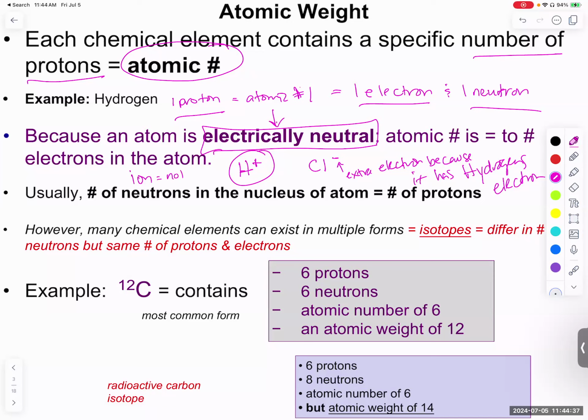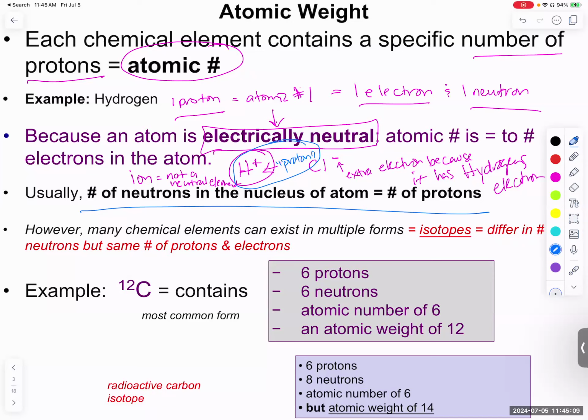So an ion is not a neutral element or atom. So this is also why we call a hydrogen that gave up its electron a proton. So you're going to see in physiology, we call a hydrogen that gave up its electron a proton. Normally, atoms are electrically neutral, which means the number of electrons is equal to the number of protons.